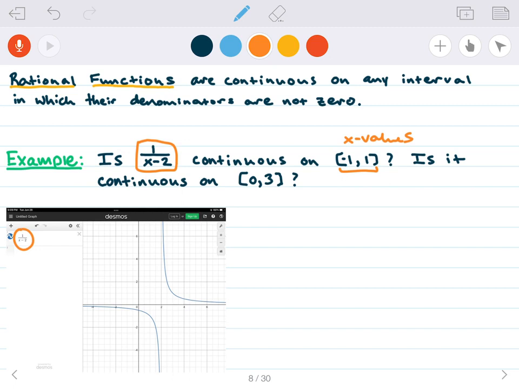When x equals -1, that's about right here. When x equals 1, that is about right here. And it looks like this curve, if we follow it from the beginning of the interval to the end of the interval, does indeed look like it's continuous. So yes, it's continuous on this interval.